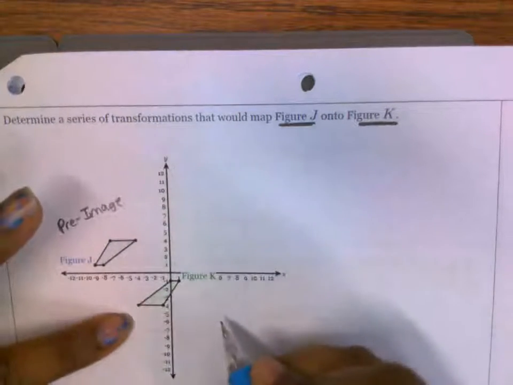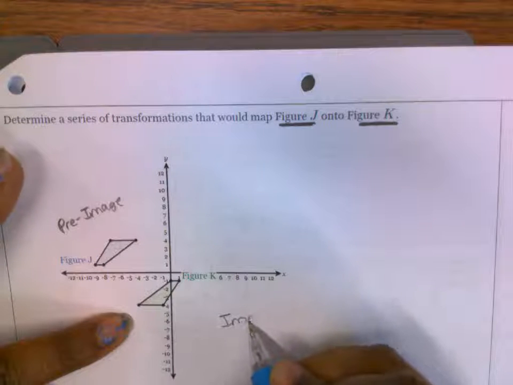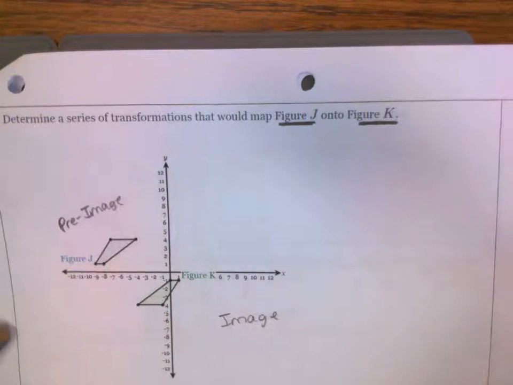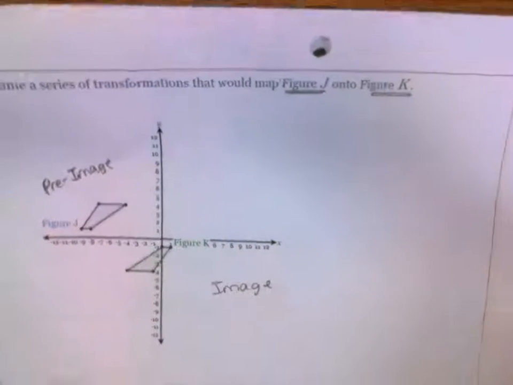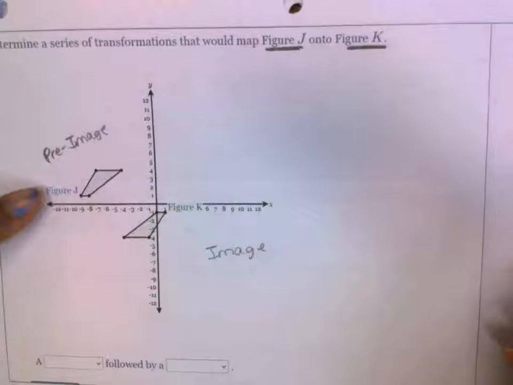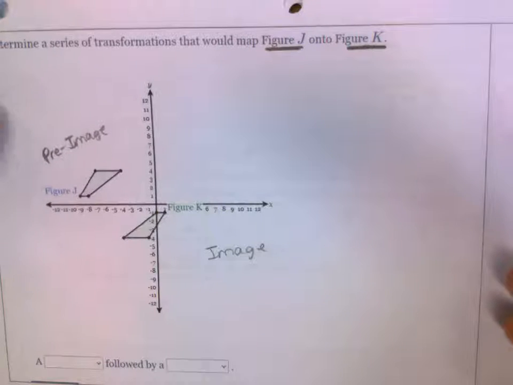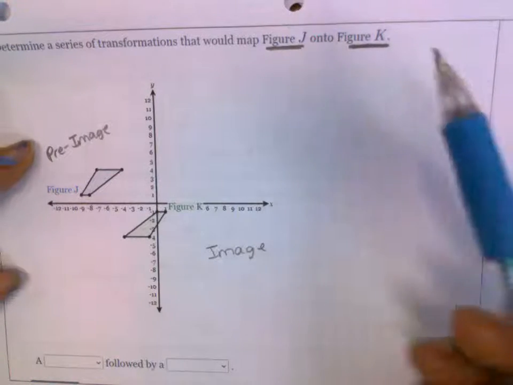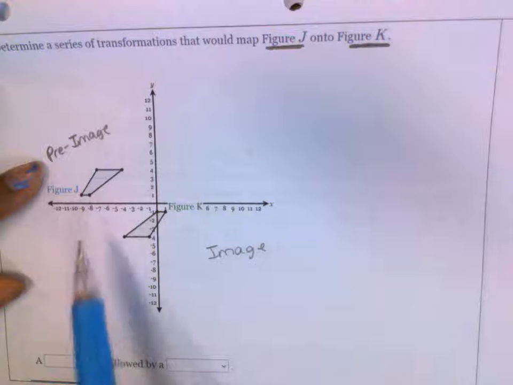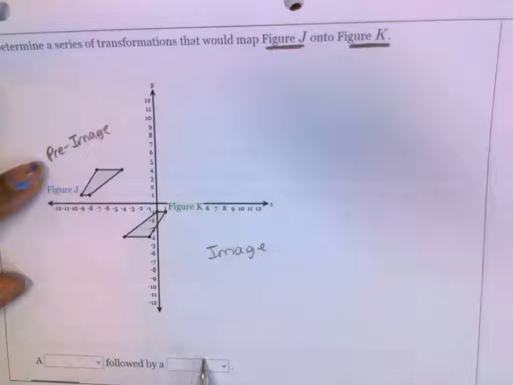And K is going to be the image after the move. Okay. So if you notice, look at this. You notice a couple things that you could do here, and you have to view the answer choices.